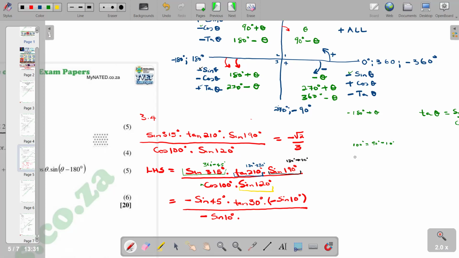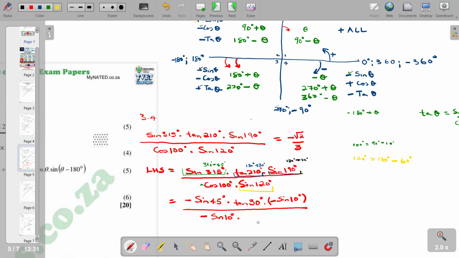We can write the 120 as, if you decide to use 180, 180 degrees minus 60 degrees, so to get 120. So it's in the second quadrant. What's the sign of sine in the second quadrant? We found it to be positive there.